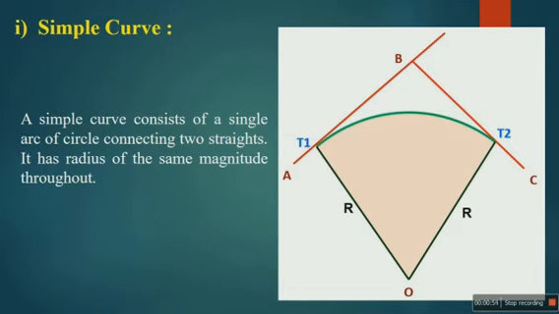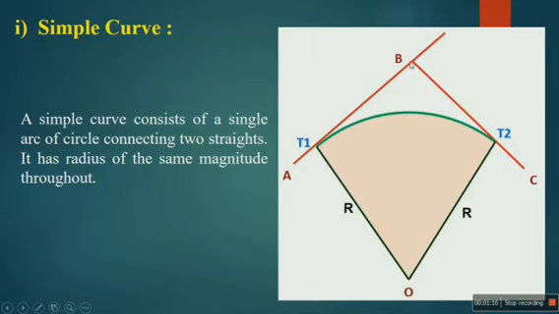Next, start with the simple curve. A simple curve consists of a single arc of a circle connecting two straights. It has a radius of the same magnitude throughout its length. Just observe this figure. These are the two straight lines.